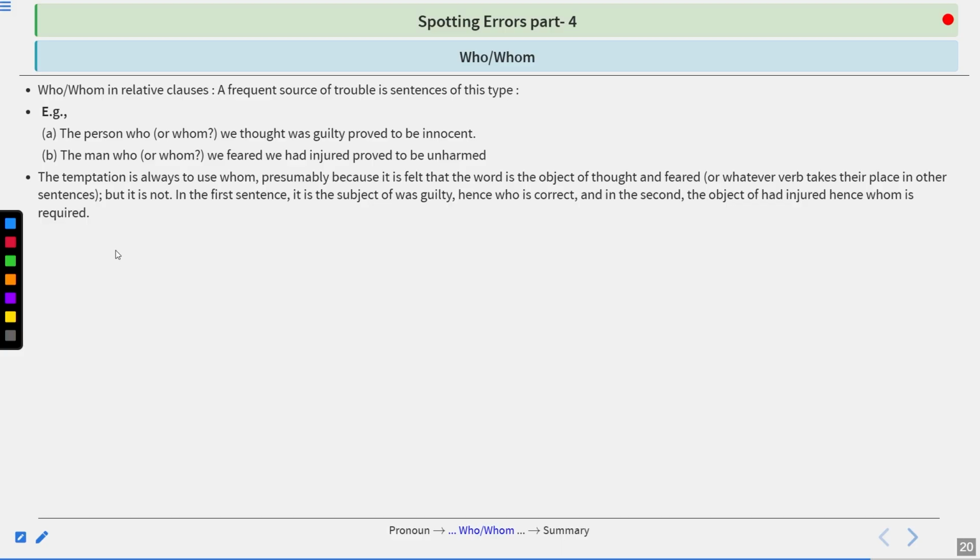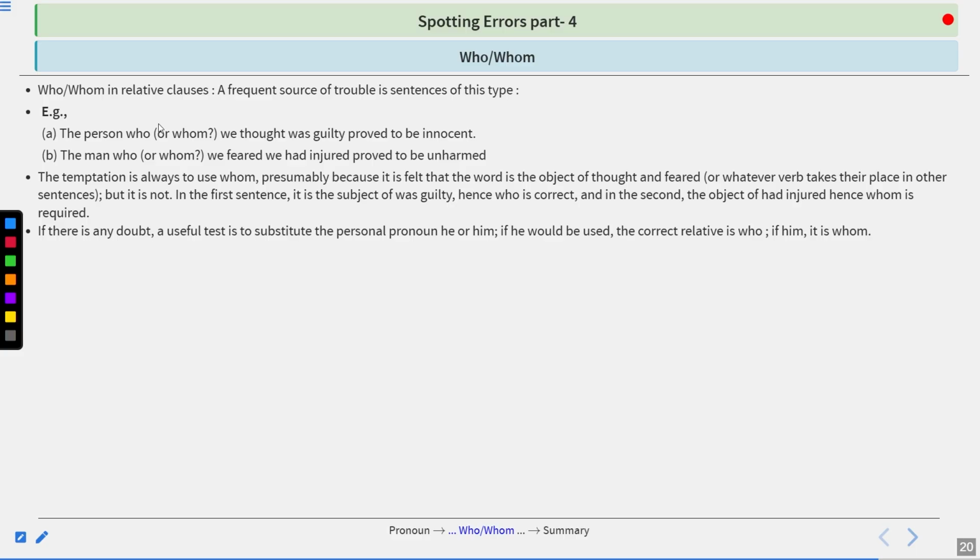Hence who is correct, and in the second it is the object of had injured, hence whom is required. So it is correct here. The object is missing for the verb injured, that's why whom will be there. And here the subject of was guilty is missing, so that's why we'll use who here.